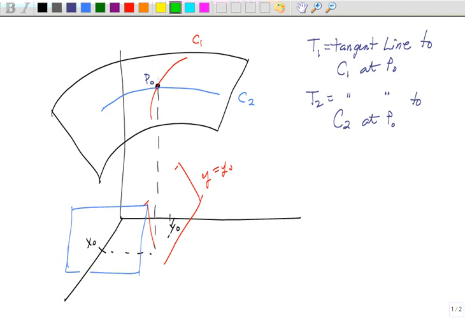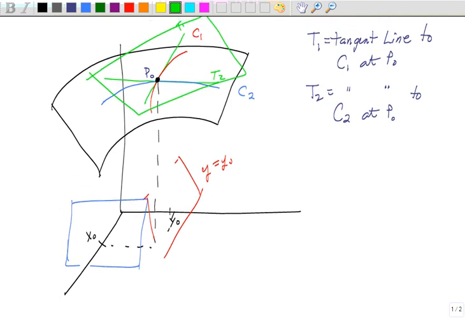So in green, we have this tangent line. That's T1. Again, that's tangent to the surface. And we have this tangent line, T2. Oh, sorry. And that forms this plane. Those two lines form a plane.